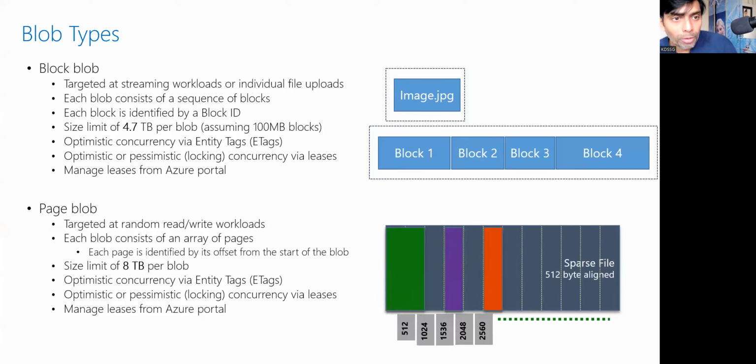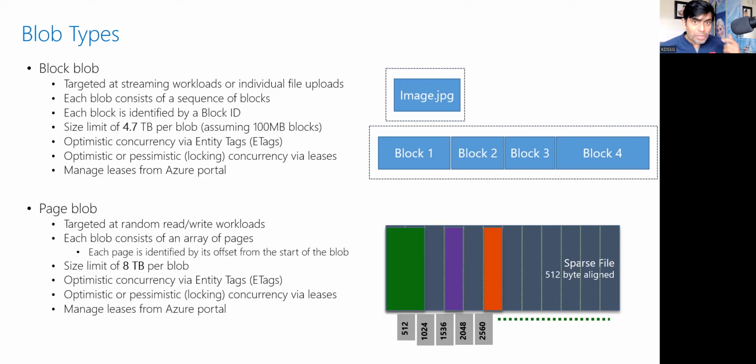So for page blob, especially, every piece is 512 bytes aligned. Every piece, sir. If I'm uploading a 100 MB file or 1 GB file or 1 TB file, it's 512 bytes of sparse files aligned. That's how it should be aligned. This is a rule for page blobs.